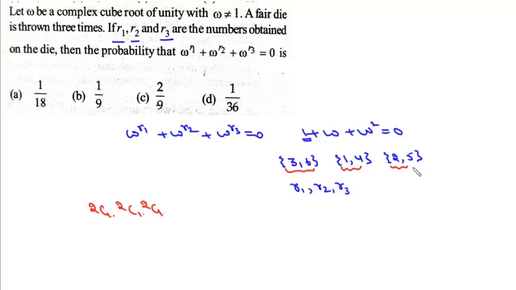Now once we have 3 numbers, they can be distributed in R1, R2 and R3 in factorial 3 ways. So it will be this factorial 3 divided by the total number of ways, which is 6 into 6 into 6. Now this factorial 3 will cancel. This probability will be simply 2 by 9, and that's your option C.